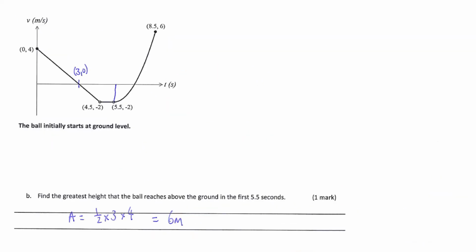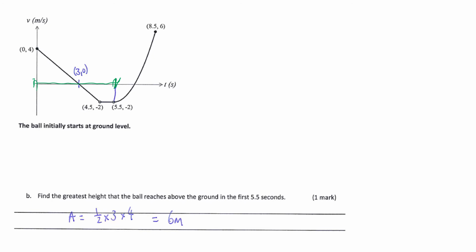All right, so what I've done is just copied the velocity time graph across for us. Find the greatest height that the ball reaches above the ground in the first 5.5 seconds. This should have been thought about in your reading time. We now know after 3 seconds it's reached the top of its upwards journey because it becomes momentarily at rest. From t equals 3 to t equals 5.5, it's traveling downwards.